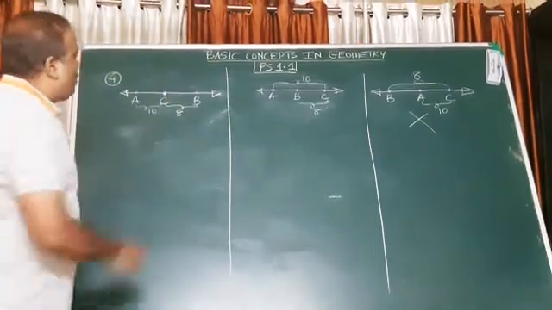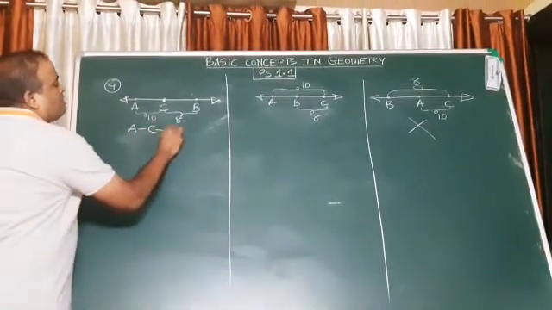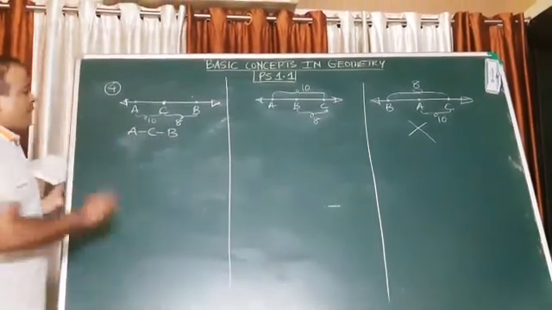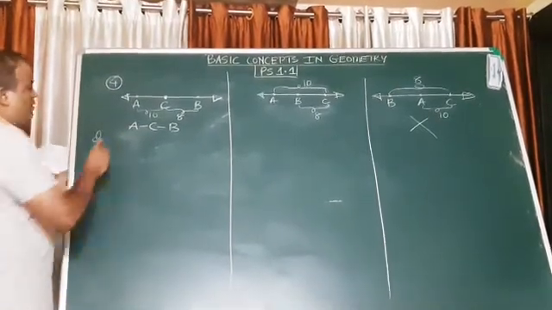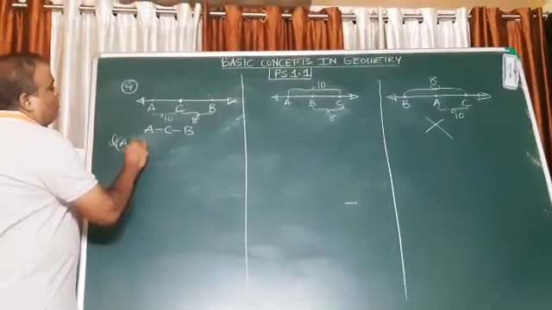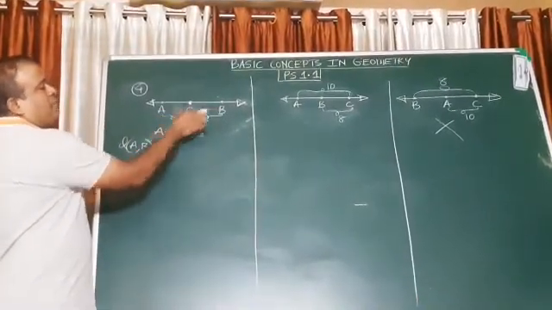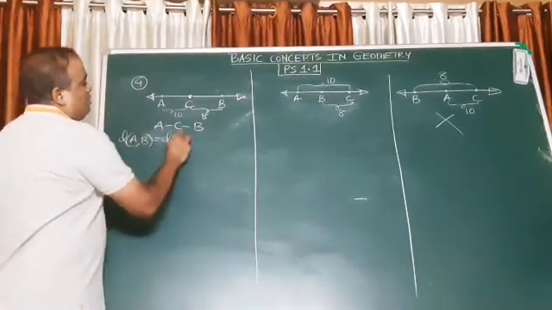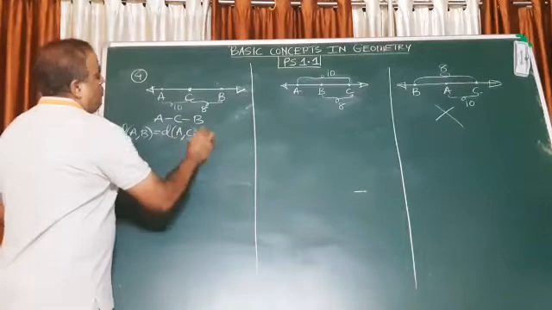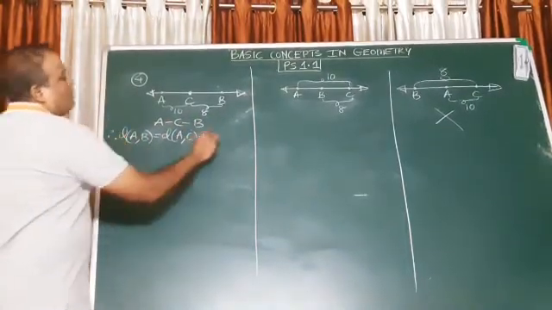So let's find out all the possibilities. I'll take the first case that C is between A and B. You have to find the distance between A and B, right? So what will be the distance between A and B? AC plus CB.